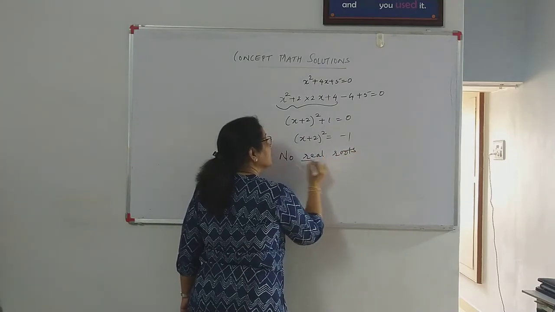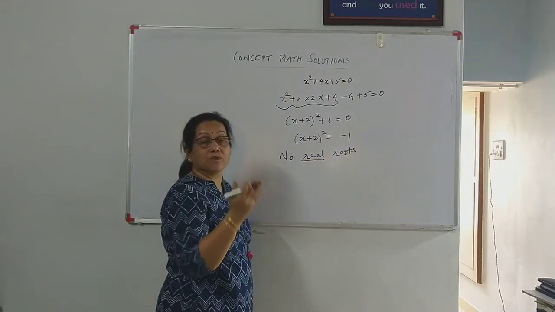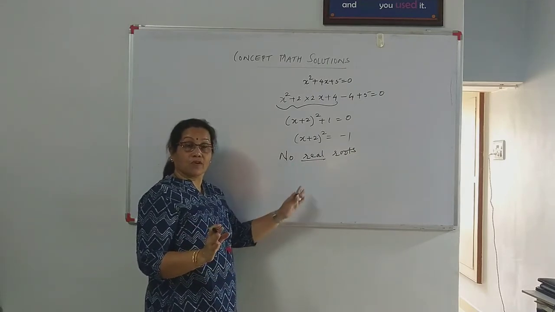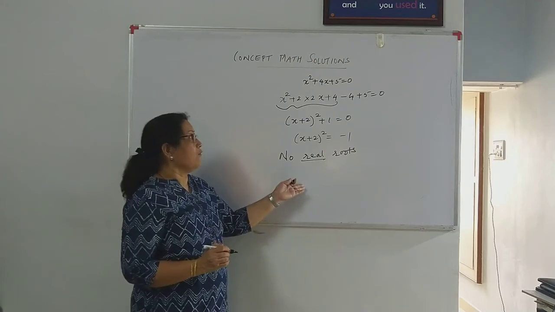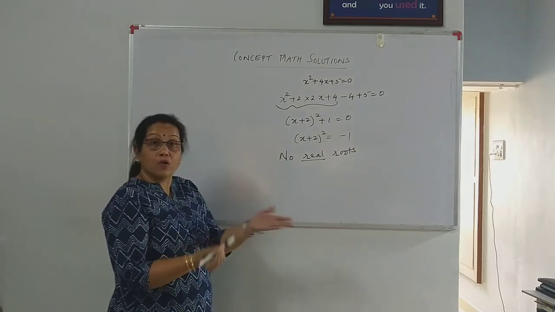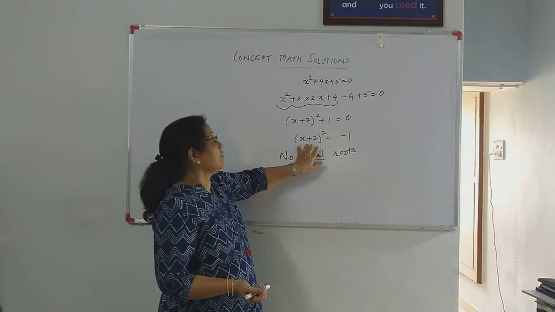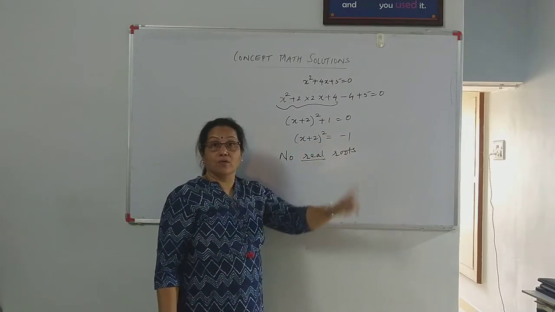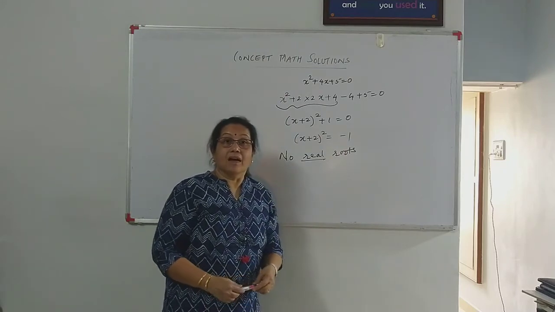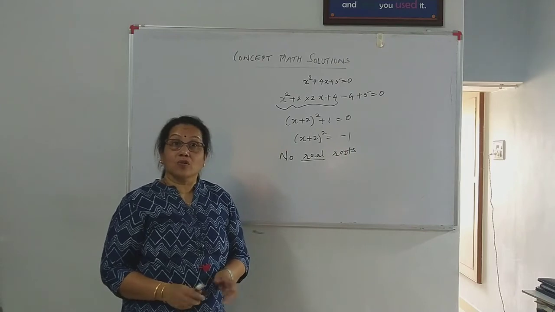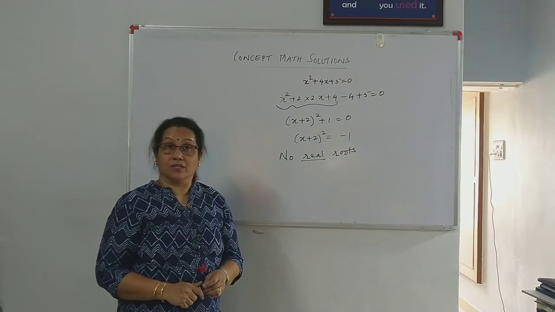No real roots means what? There are complex roots which we will learn afterwards. Here there are no real roots for this, right? And therefore we do not proceed ahead. When we get the square of something as a negative number, we just write no real roots exist, right? And that's the method of completing the square to solve some of the quadratic equations.